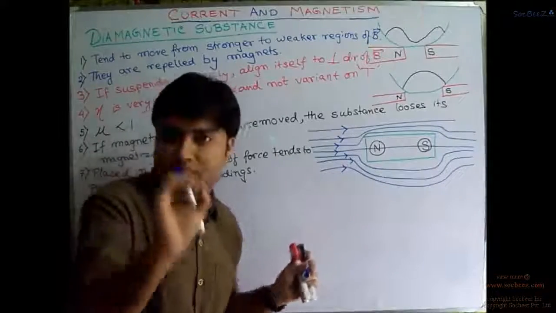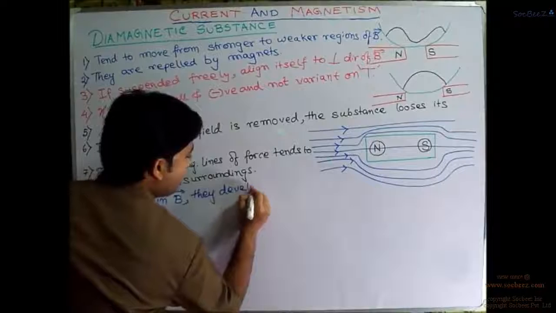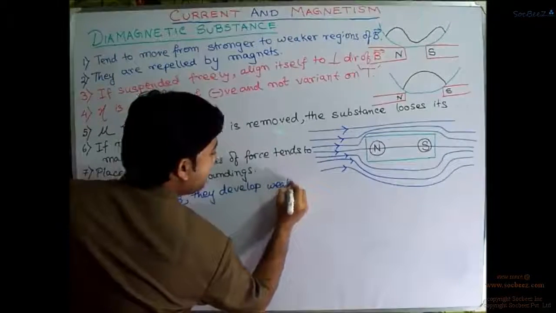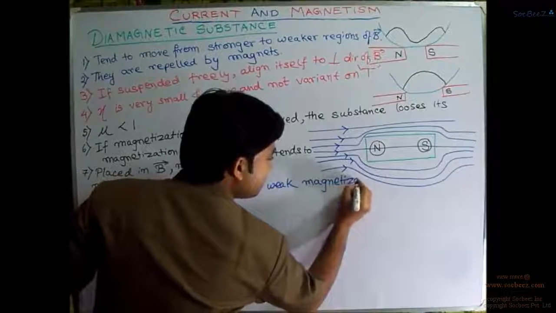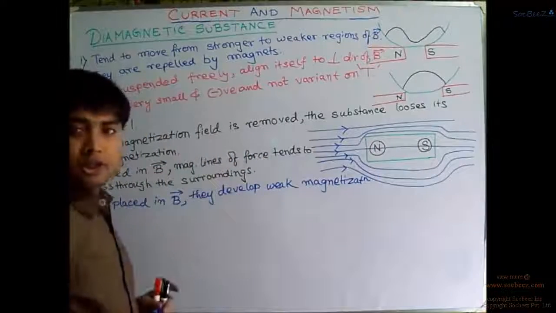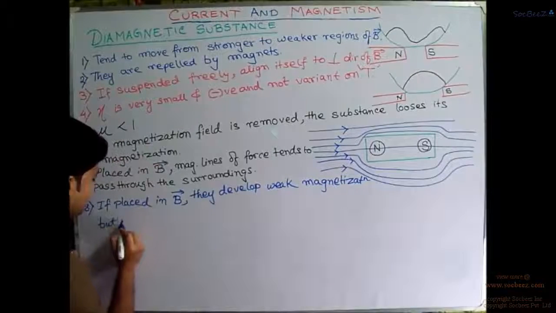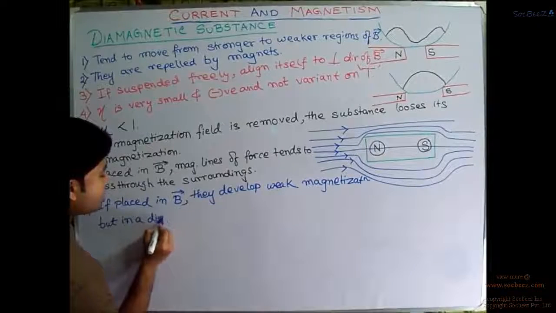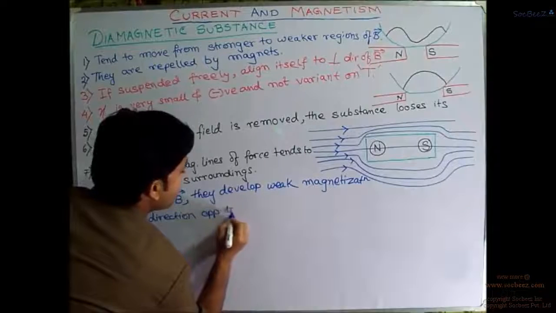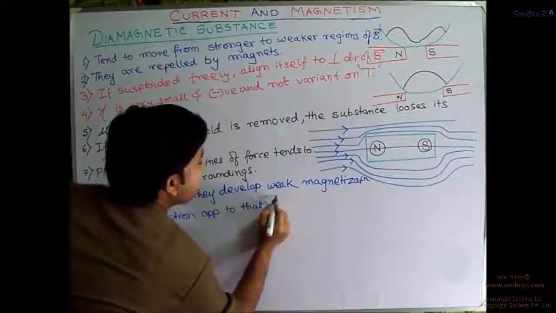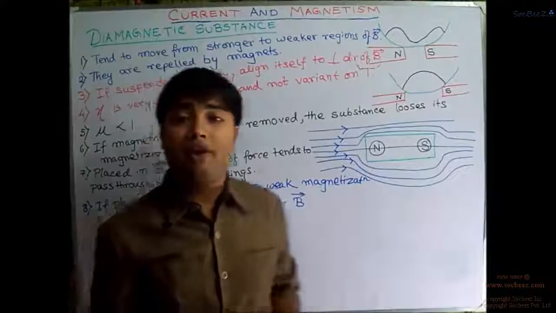Magnetization is observed, but it is very weak, in a direction opposite to that of this magnetic line of force or the magnetic field. Right?